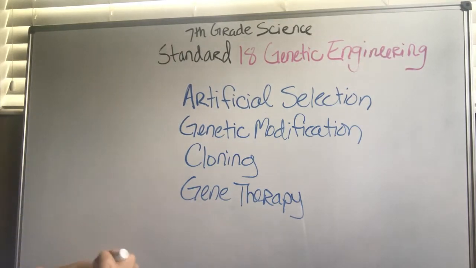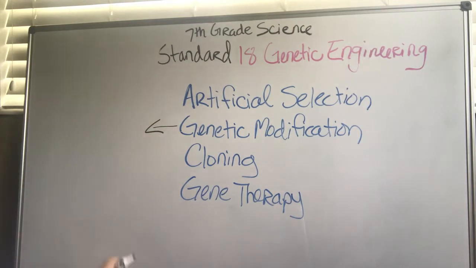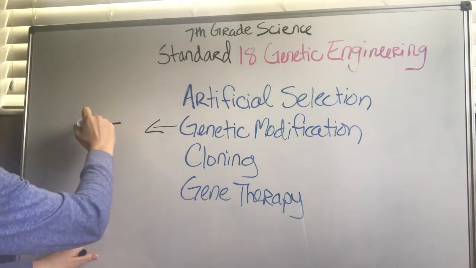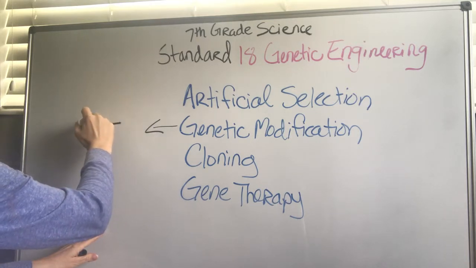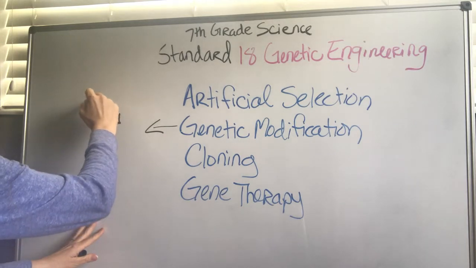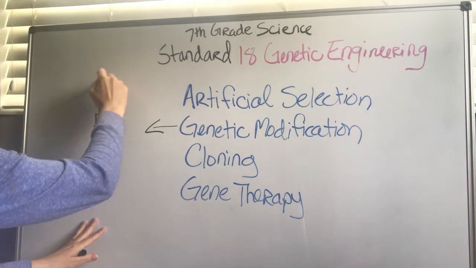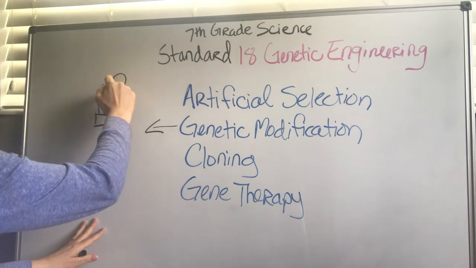So genetic modification is when they go into the cells. So they take the microscope. Okay, this is not going to be good because I'm not very good at drawing a microscope. It goes like that. And we have the lens.